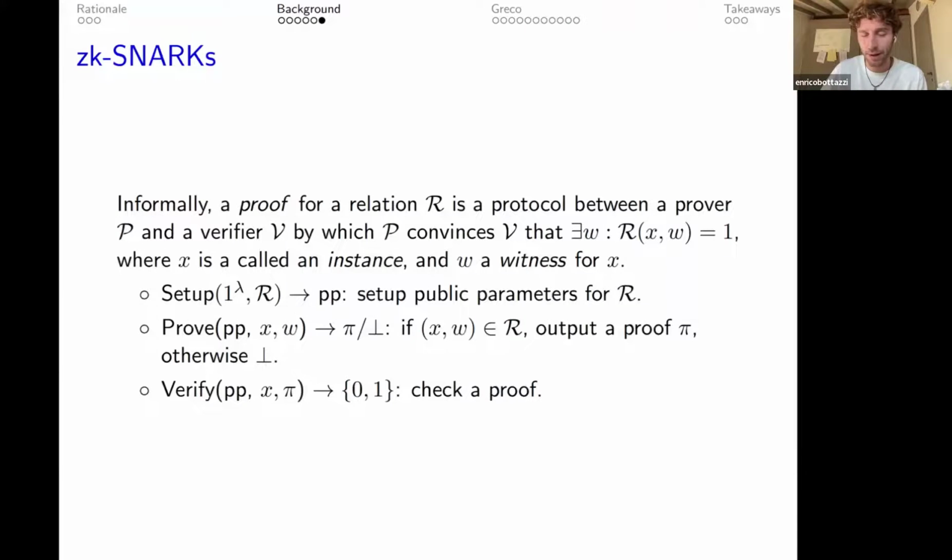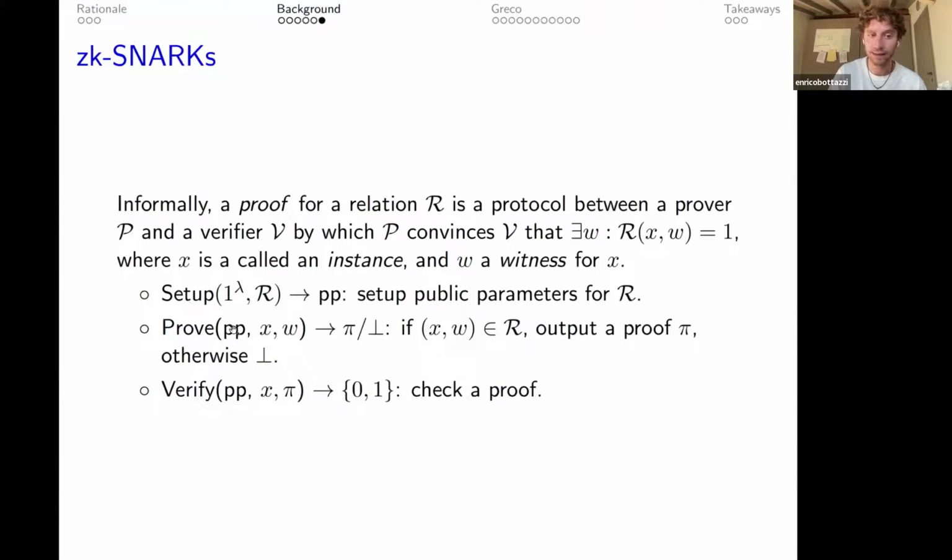And the last part in the background is the definition of zk-SNARK. It is an informal definition. A zk-SNARK is a proof for a relation R in which we have a protocol between a prover and a verifier, and the prover wants to convince the verifier that for his witness and his instance, the relation is satisfied.